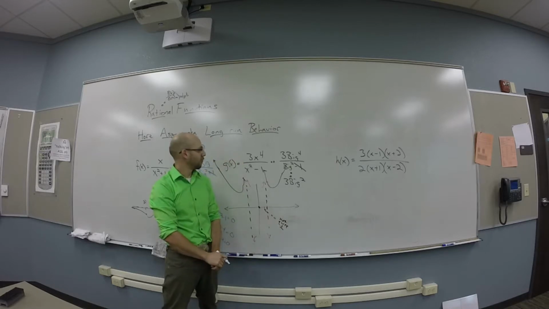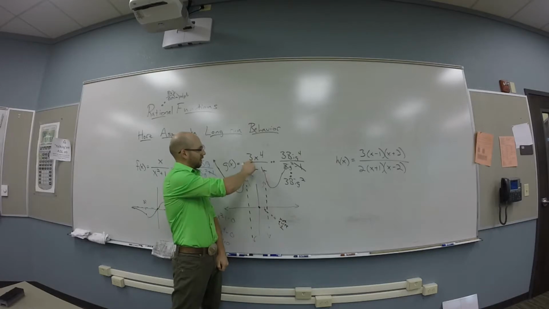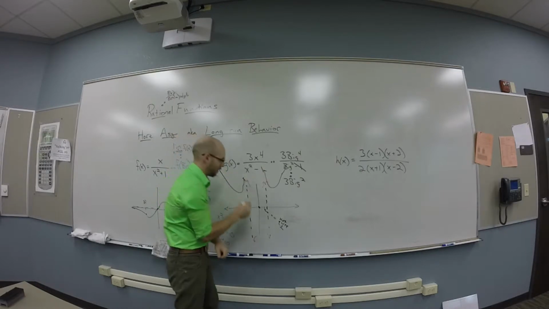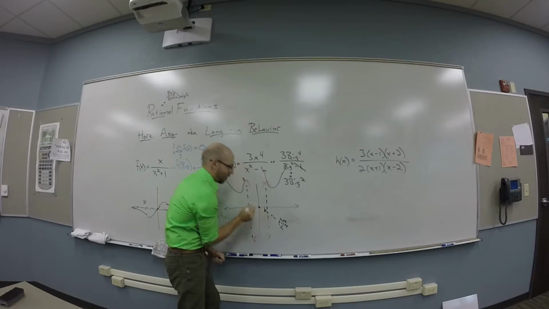So if I plug a number that's not quite 1 in here, I'm going to get a positive number in the top and a negative number in the bottom. Because you're going to have a really small number in the bottom, little squared, either way, right, it's positive over negative, so that's down here.